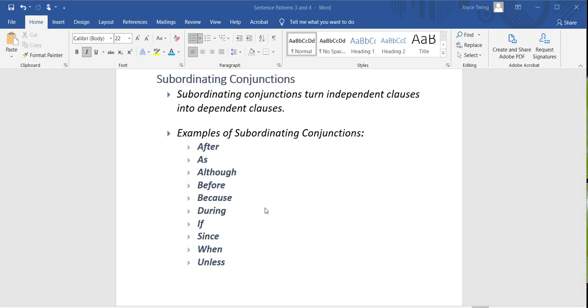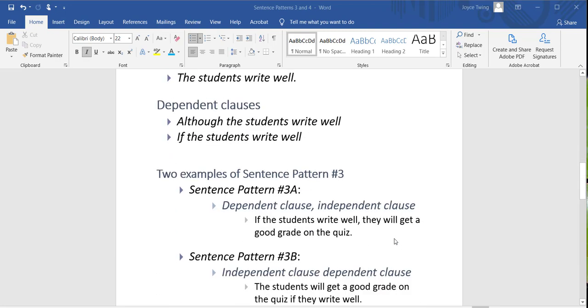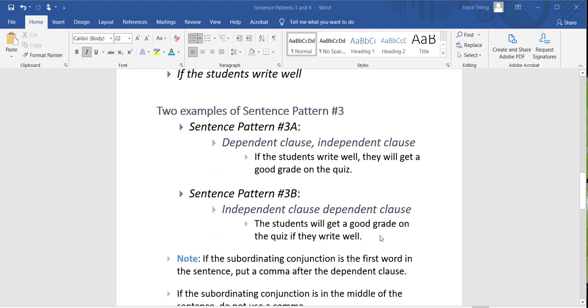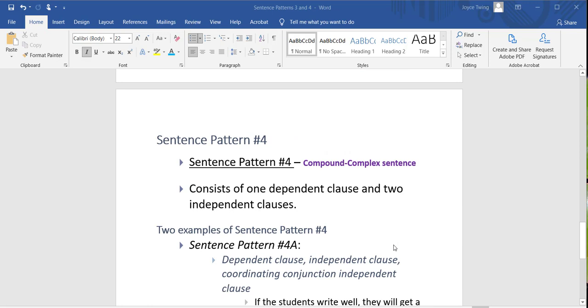So when you see a piece of a sentence starting with words like this, that's a signal that says, hello, I am introducing a dependent clause, and you're going to have to put me together with one independent clause for sentence pattern 3, or with two independent clauses for sentence pattern 4.